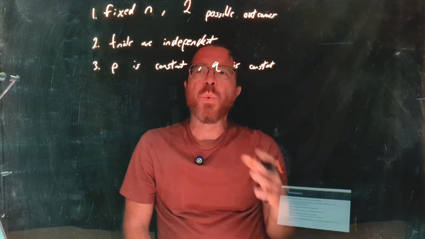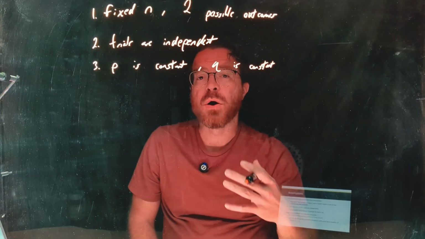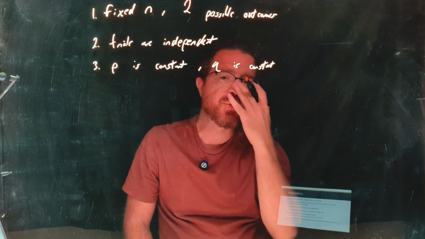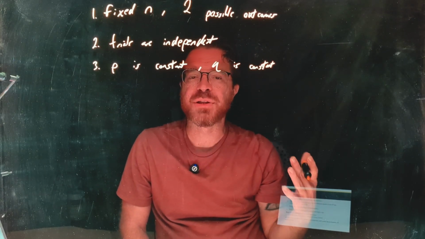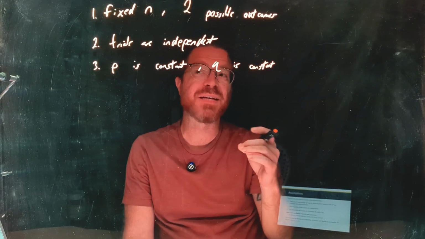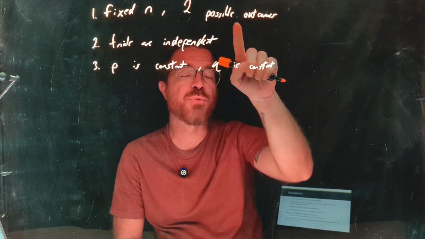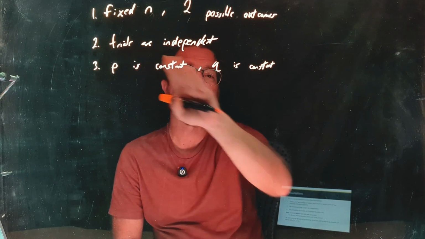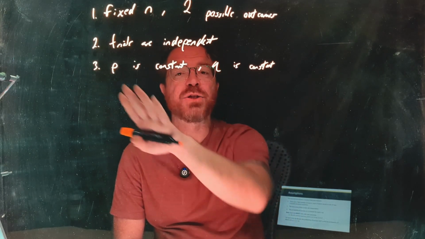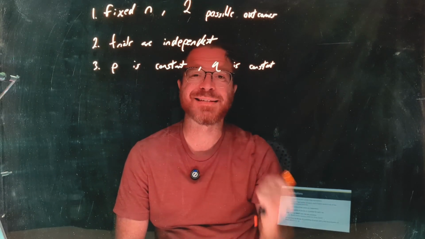Now you might wonder, what if one or more of these are not true? Well, in that case, you would actually need a different distribution. This distribution is very specific about it only works when you have a fixed number of n trials, which have two possibilities per trial, your trials are independent of each other, and your P, or your probability of success, is constant.